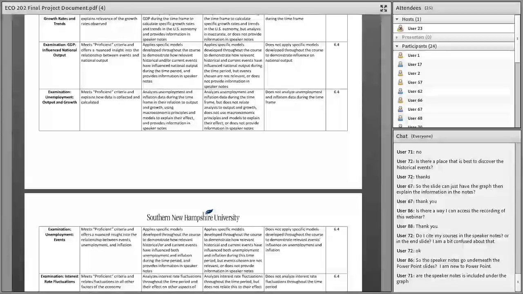The speaker notes go under. There's a section that is not included in the slide that is underneath it. And there is a link that I can share that shows you, let me share it with you, where you can access, I can find it. And there it is.